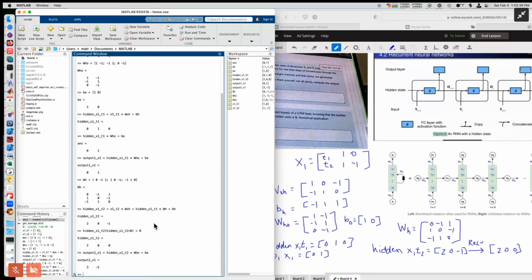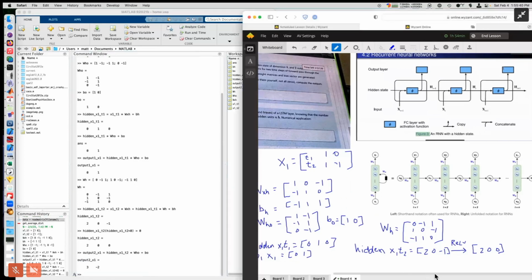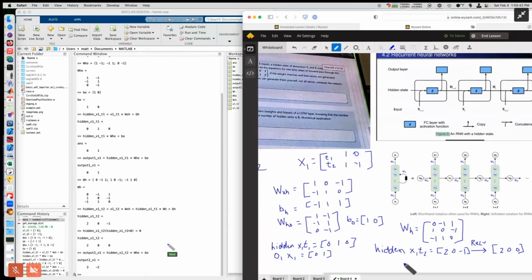So that'd be 3, negative 2. So that's O2 for x1. I mean, then you could threshold that or do a softmax on it or something, depending on what you're actually trying to do with this RNN. But that would be kind of the raw output for an output layer, I guess.